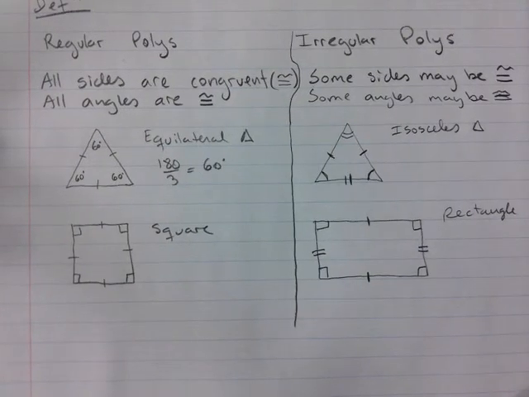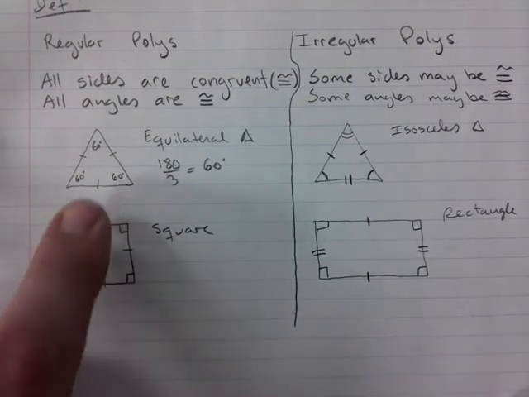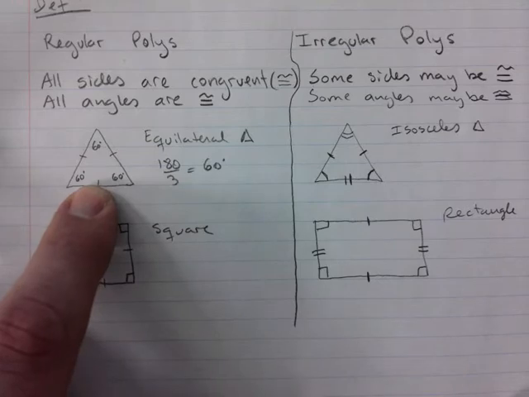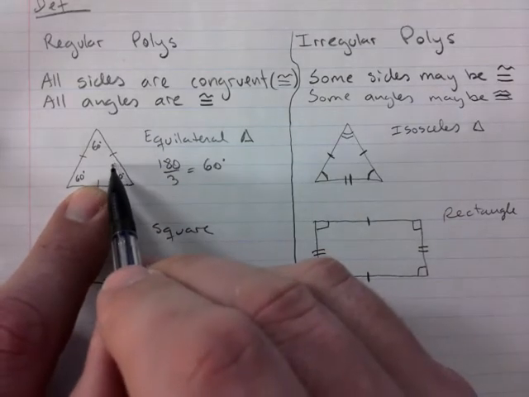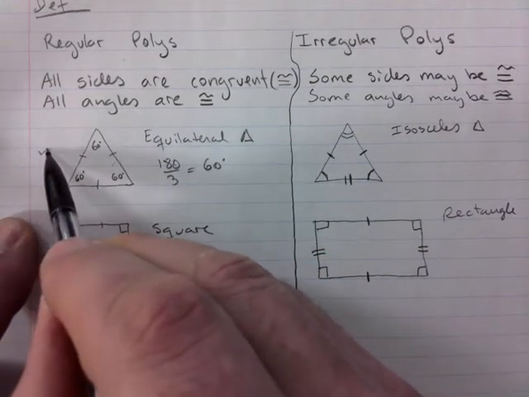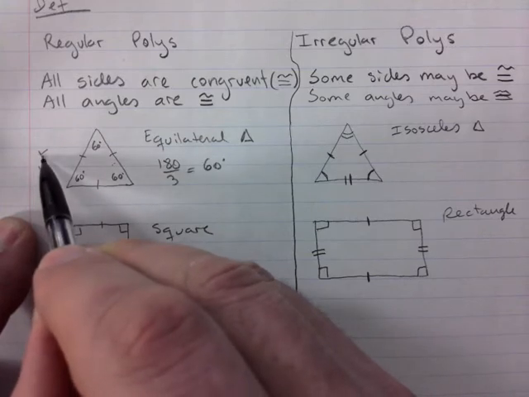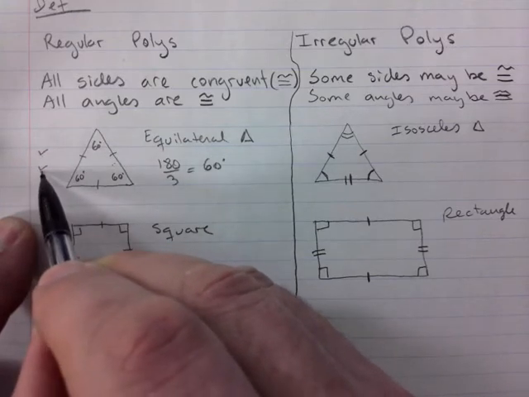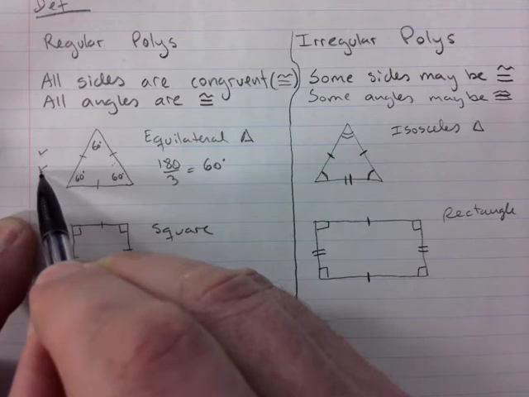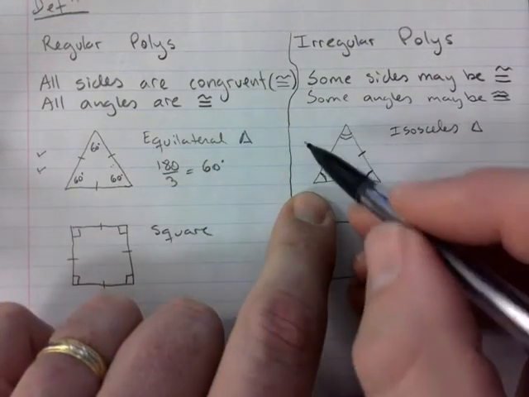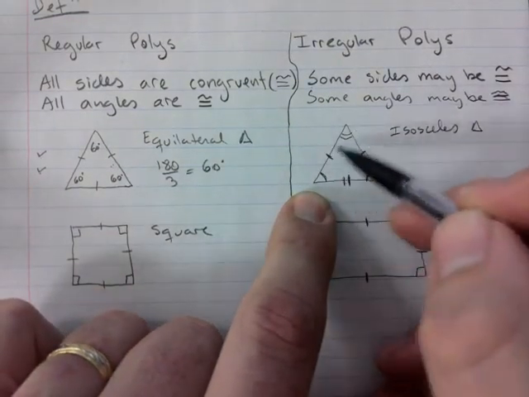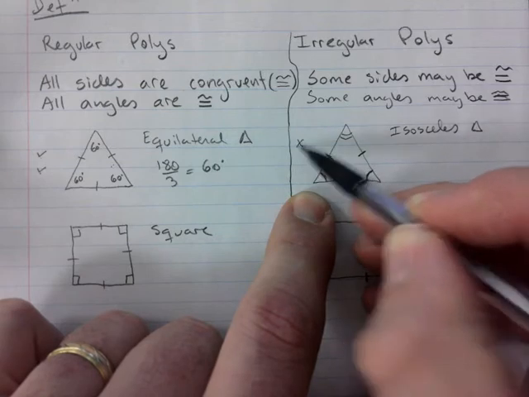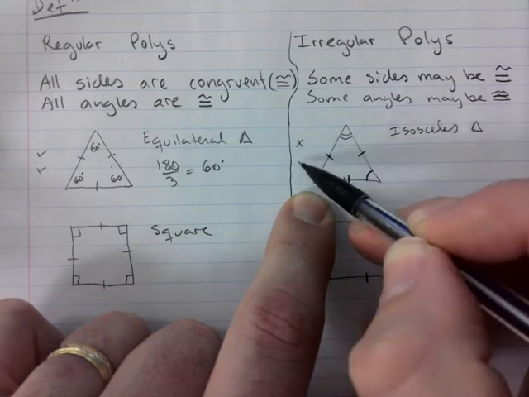I'll maybe add, this is what I want you to do if you go back up here. This triangle here has two check marks. All sides are equal, all angles are equal. This one here, are all sides equal? Nope. Are all angles equal? Nope.